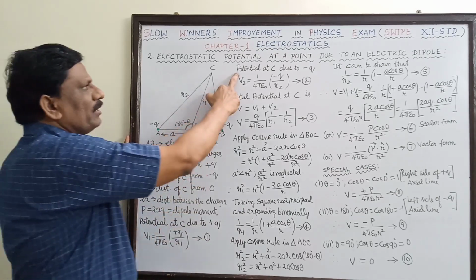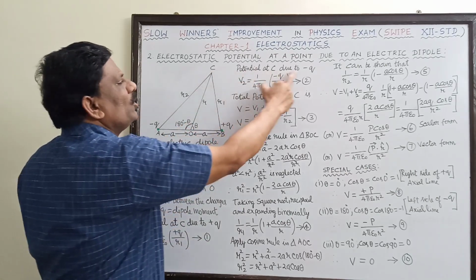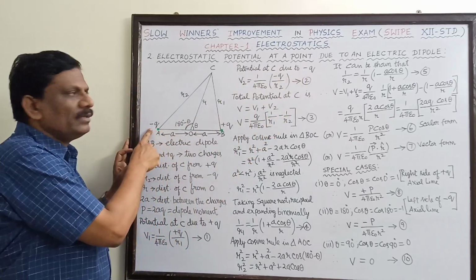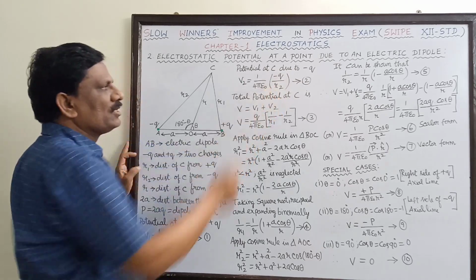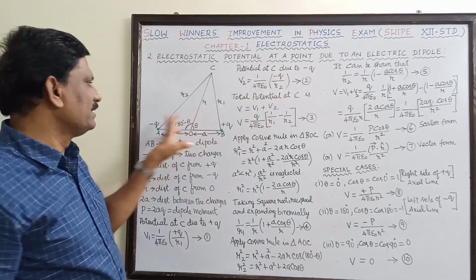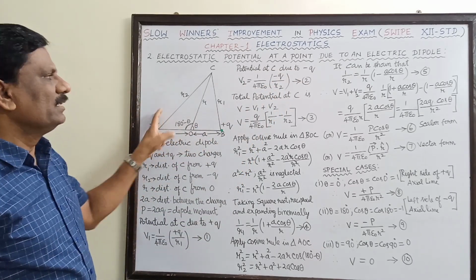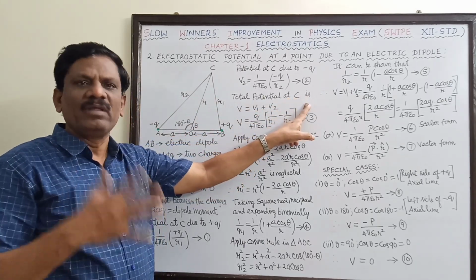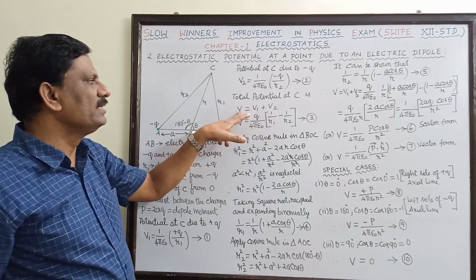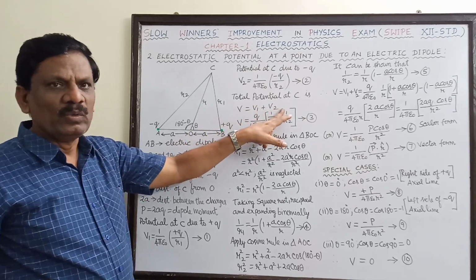Similarly, the potential at C due to the negative charge minus Q, V2, is 1 by 4 pi epsilon naught into minus Q by R2. Okay, minus Q because it is a negative charge. Now the total potential at the point C must naturally be equal to V1 plus V2. So V is equal to V1 plus V2.